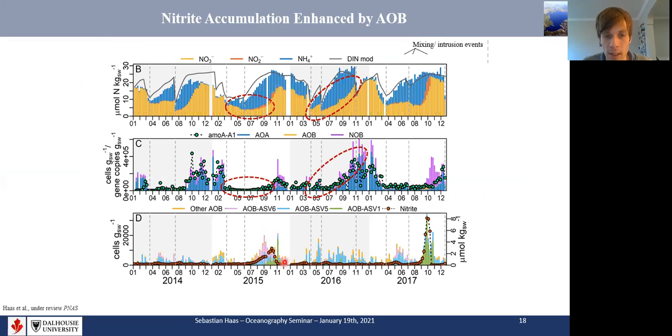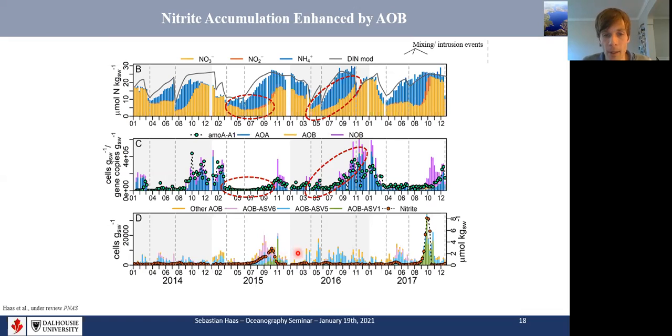So just focus on the sum of the stacked bars and compare them to the nitrite concentrations in this red scatter, where you can see that both times we get this significant accumulation of nitrite, in 2015 and 2017, we also get an associated peak of bacterial ammonia oxidizers.